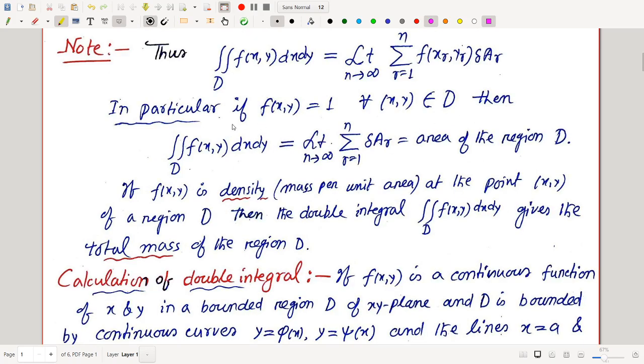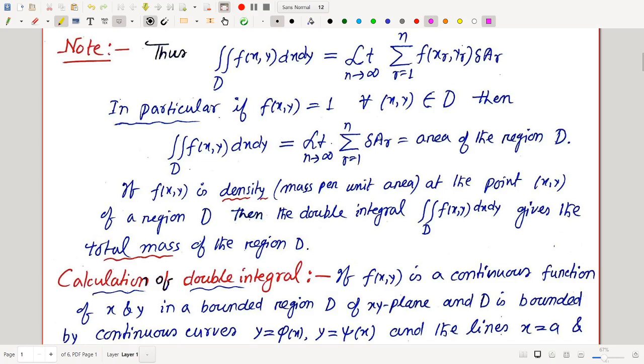In particular, if f of (x,y) equals 1 at every point for all (x,y) in the region D, then this double integral becomes the limit as n tends to infinity of summation delta Ar from 1 to n, which is just the sum of the areas of the subregions, equal to the total area of the region D.